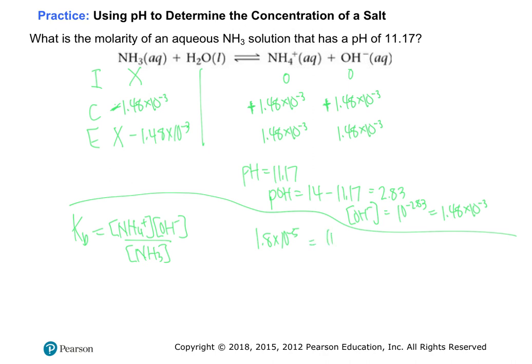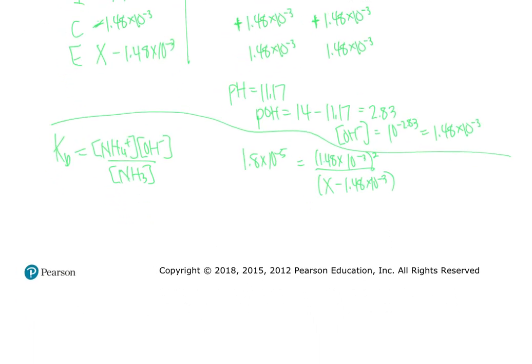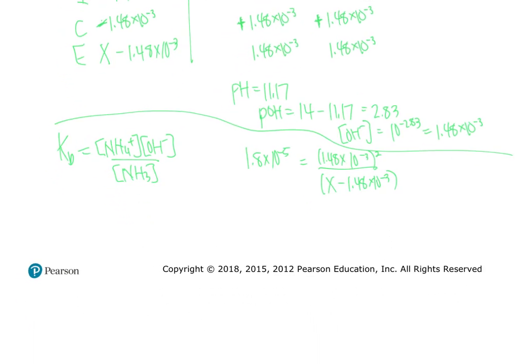So I have 1.48 times 10 to the negative 3 squared over x minus 1.48 times 10 to the negative 3rd. So once again, just like we did before, I can cross multiply. So bring my numerator down, bring my denominator up.